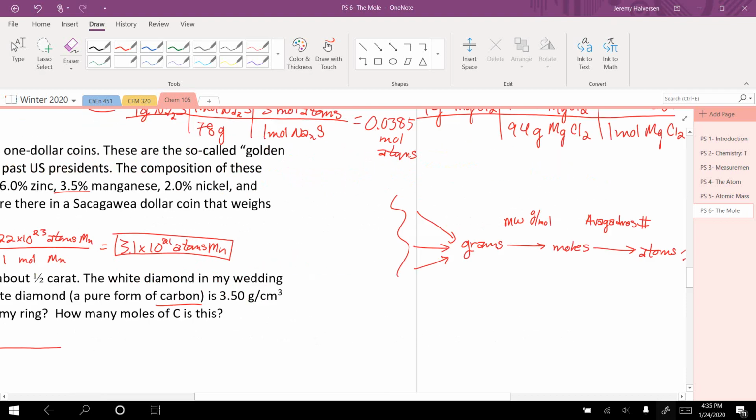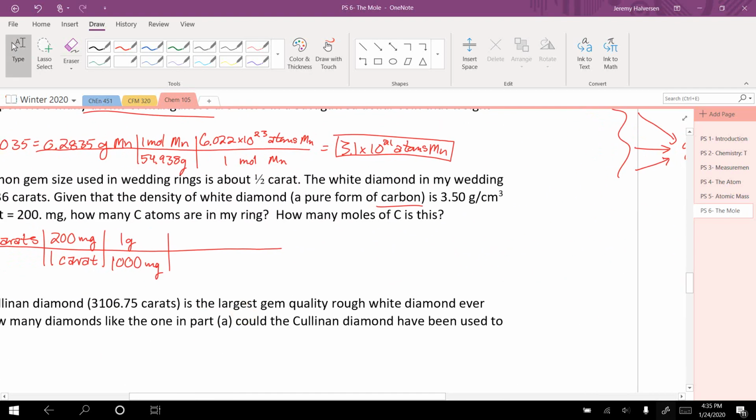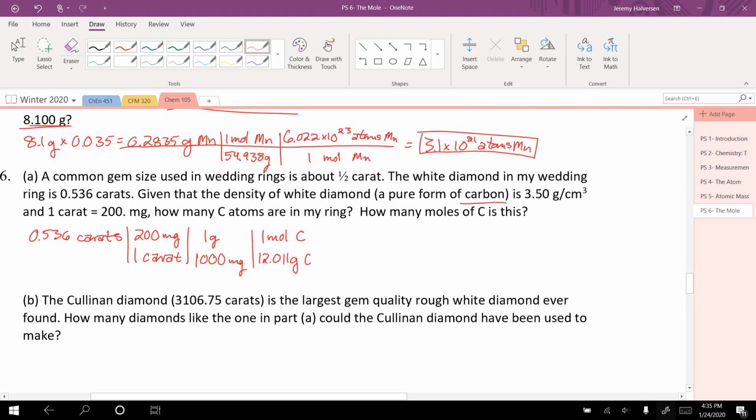So now I've gotten to grams, and now I can go through this process because I'm trying to get number of moles and number of atoms. Well, I know that 1 mole of carbon, that's what this diamond is, is 12.011 grams. So if I were to stop here, I'd get the number of moles of carbon.